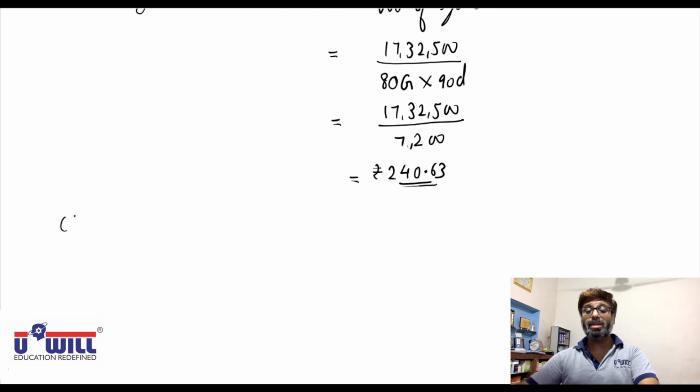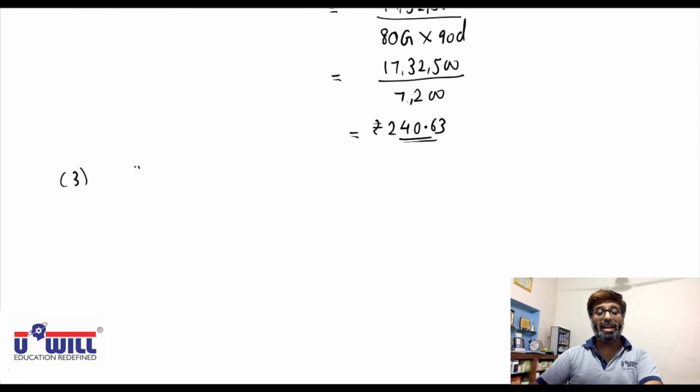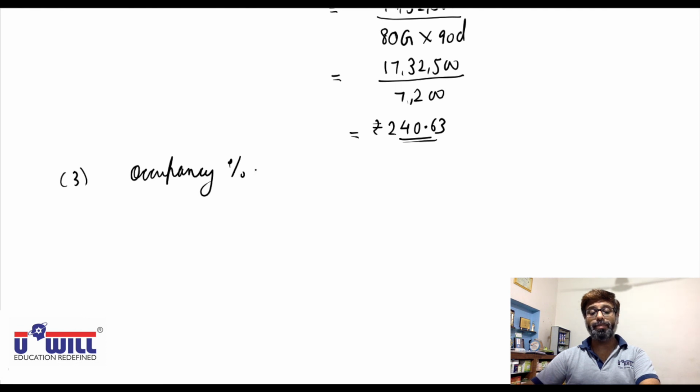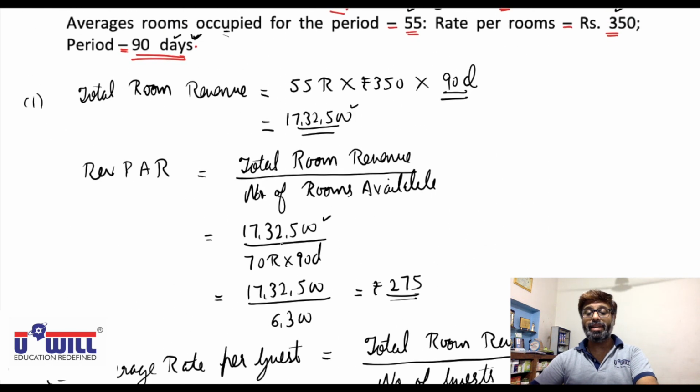Okay, and then third answer what is asked is occupancy ratio. So occupancy ratio we can directly find as occupancy percentage, number of rooms sold divided by number of rooms available into 100. That will be equal to number of rooms sold are 55 and available are 70.